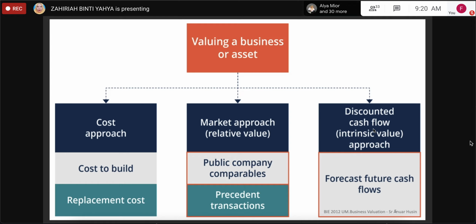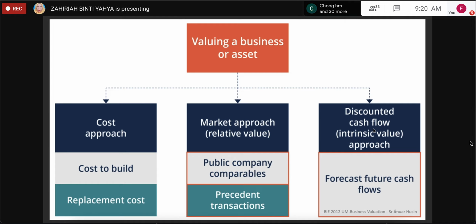Then remember, for the income approach, there are two ways to do the valuation. First is the traditional approach. You just use capitalization rate. And the second one is DCF. What is the difference between DCF and the traditional?